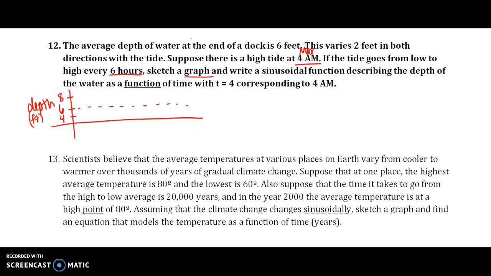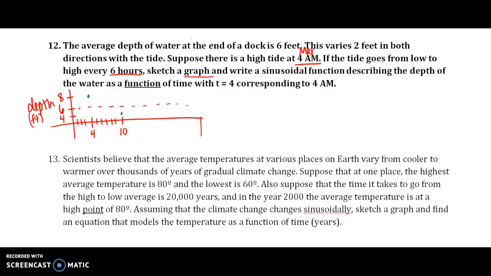So if I do this across the bottom, so 1, 2, 3, here's 4. And then I know in 6 hours, it's going to be at the minimum. So 4, 5, 6, 7, 8, 9, 10. So at 4 hours, it's at the max. Let me change my color here and make it a little bit easier. So 4, it's at the max. 10, it's at the minimum.